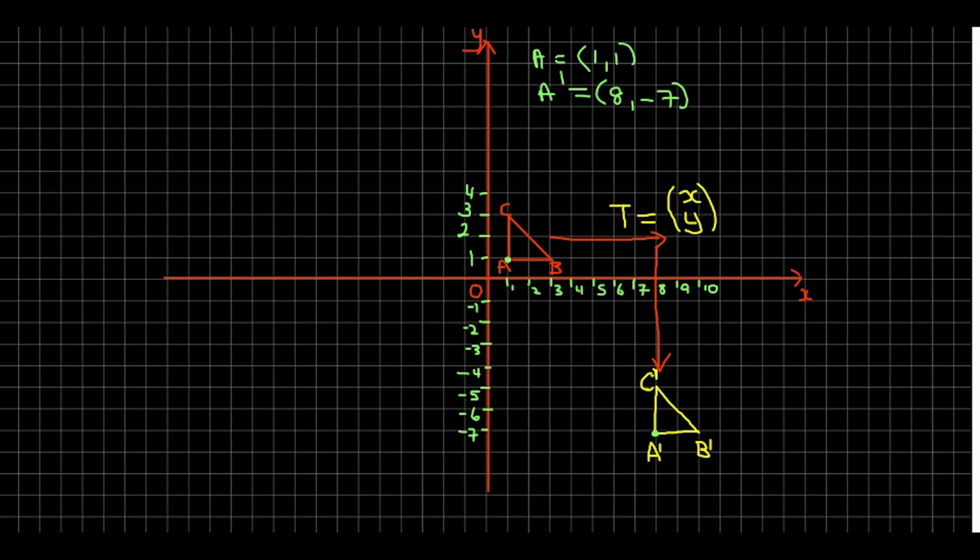So let's start at 1, 1. We're starting at 1, 1, and we're moving to the right by a total of 7 spaces to get to 8, because the x-coordinate of the point A prime is 8. So we've moved 7 spaces to the right. So I'm going to just write that down. 7 spaces to the right.